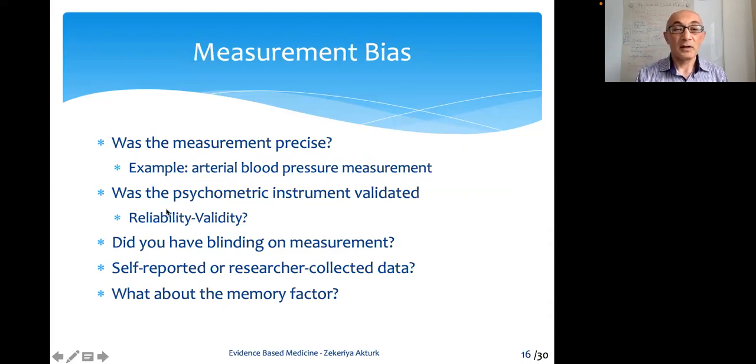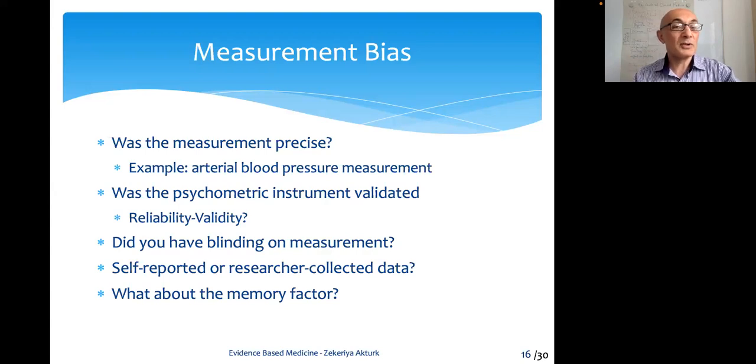Then if you have a psychometric instrument, that's almost the same as in a laboratory measurement, there we speak, instead of calibration, of reliability and validity. So an anxiety questionnaire or anxiety scale or a depression scale or a quality of life scale, there are hundreds of different scales or instruments.